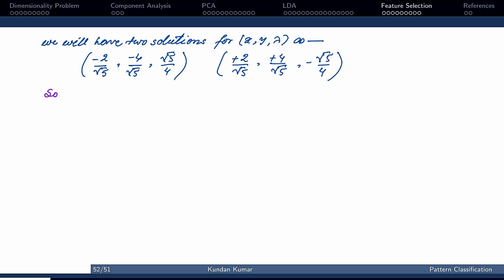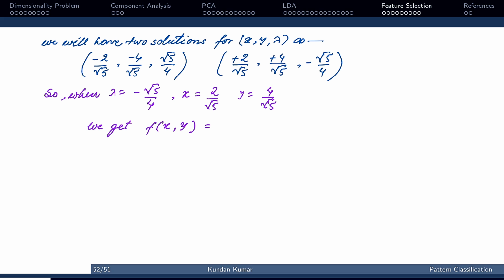So when lambda equal to minus root 5 by 4 and x equal to 2 by root 5, y equal to 4 by root 5, then we will get f(x, y) equal to x plus 2y.